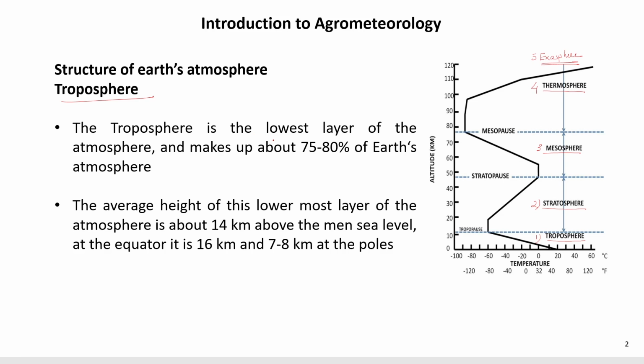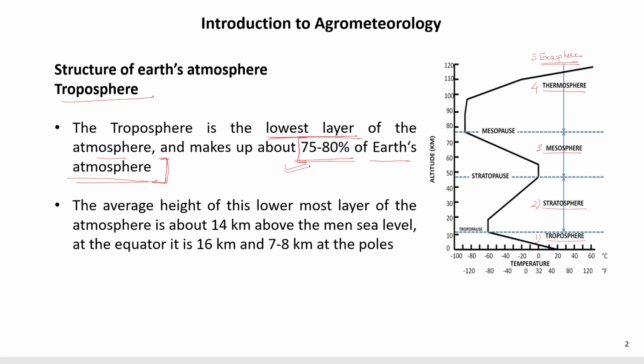We will try to understand what phenomena take place in these layers. The first one is the troposphere. The troposphere is the lowermost layer of the atmosphere, and makes up about 75 to 80% of the Earth's atmosphere. Very important to remember this.